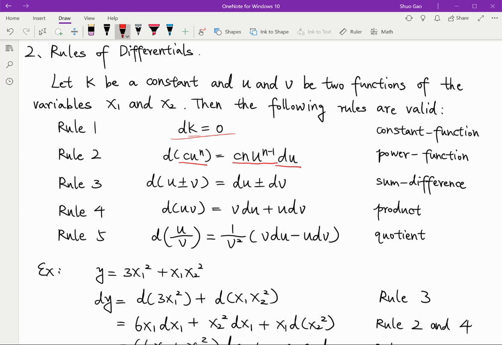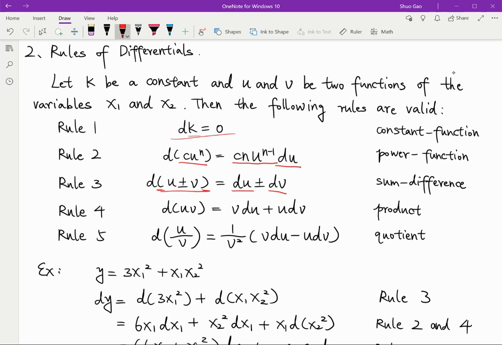And then the third one is called the sum difference rule. The differential of u plus or minus v just equals the sum or difference of du and dv. And so we can get rid of the parentheses by applying the sum difference rule.